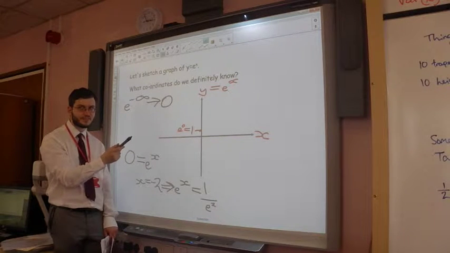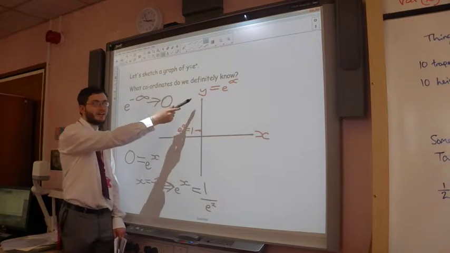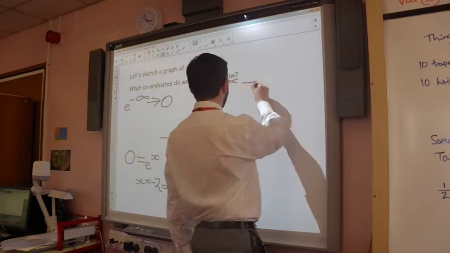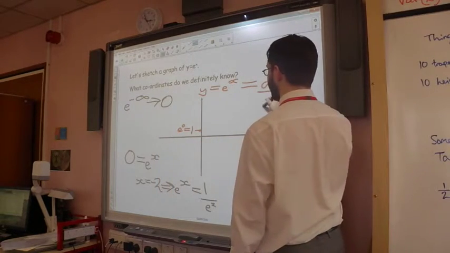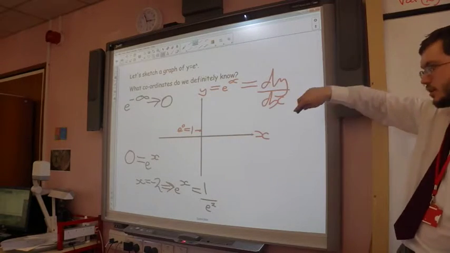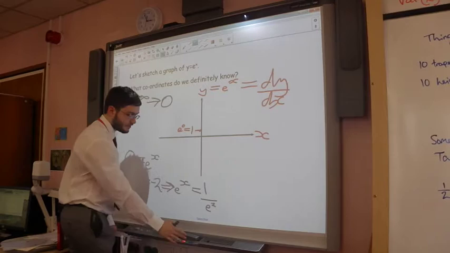That means all our y values are positive. So if all our y values are positive, our gradient has always got to be positive too. So our gradient will always be increasing, going upwards and upwards, higher and higher as x increases.